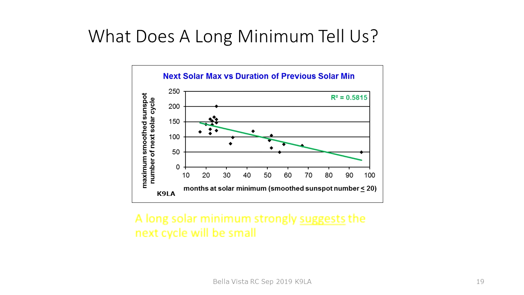So what does a long solar minimum tell us? Well, here's a plot of how long a solar minimum was versus how big the next solar cycle was. And what you can see, although the correlation isn't perfect, is that the longer you spend at solar minimum suggests the smaller the next cycle is going to be.